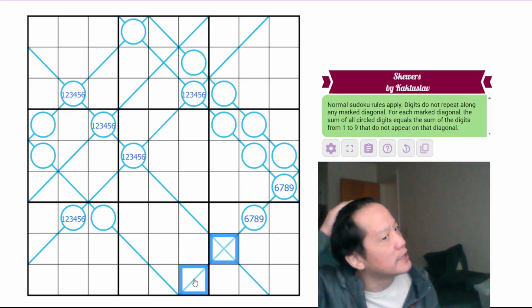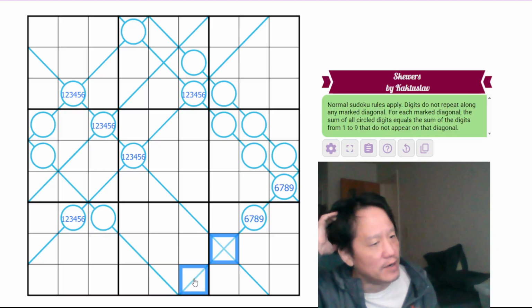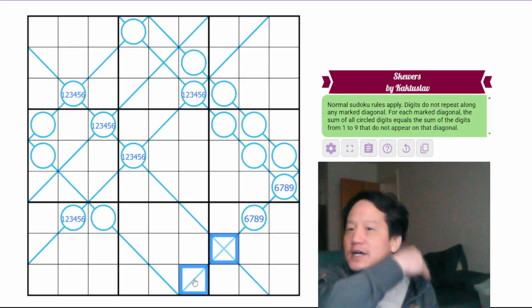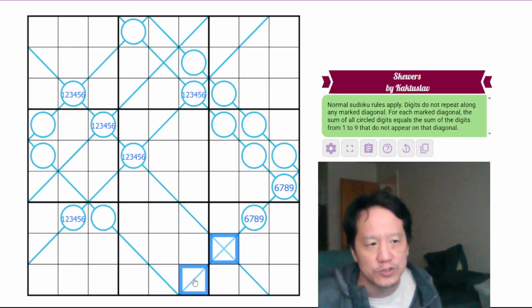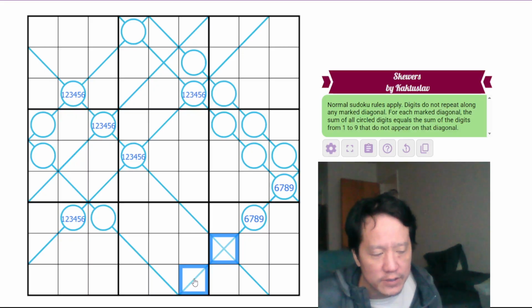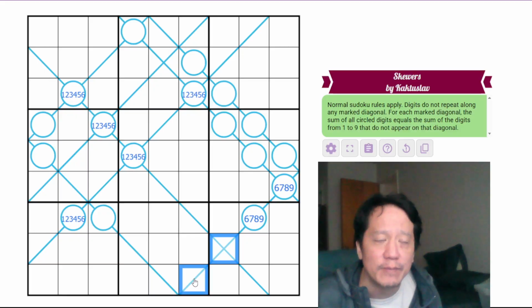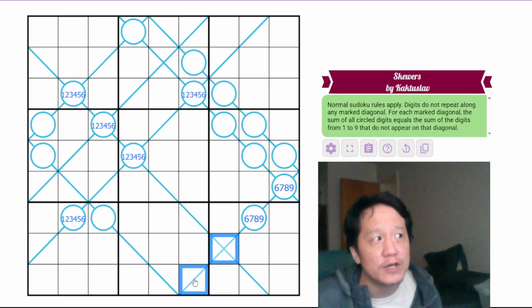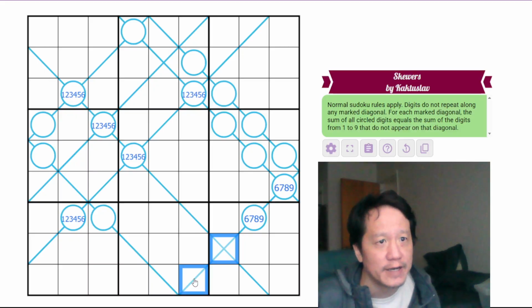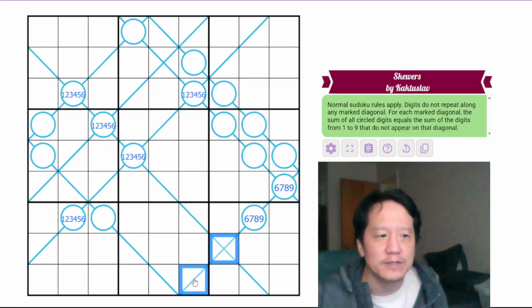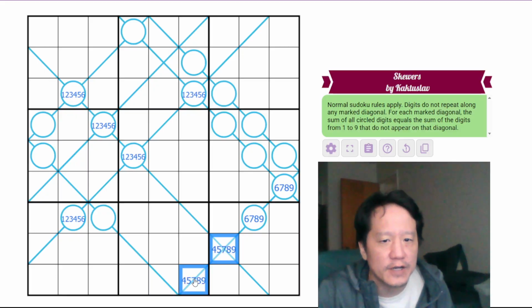If you have 1 on the diagonal, the minimum of the digits not on the diagonal are 2, 3, 4, 5, 6, which is 20. If you have 2 on the diagonal, that means you have a minimum of 1, 3, 4, 5, 6, which adds up to 19. And if you have 3 on the diagonal, that means you would have 1, 2, 4, 5, 6 not on the diagonal, which adds up to 18. So this has to be 4 through 9 here.